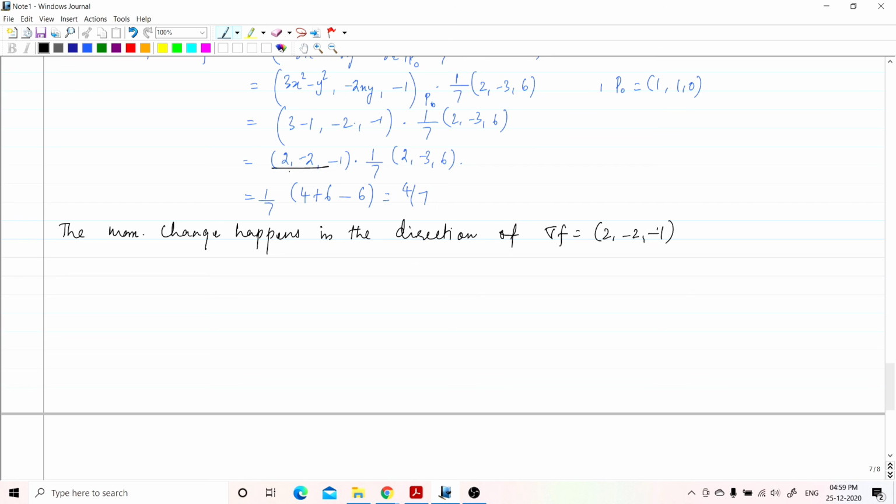This is the del f quantity at the point. So at the particular point, what gives you the maximum change? We are identifying such a thing. And the minimum change happens in the direction of minus del f, and that is (minus 2, 2, 1).